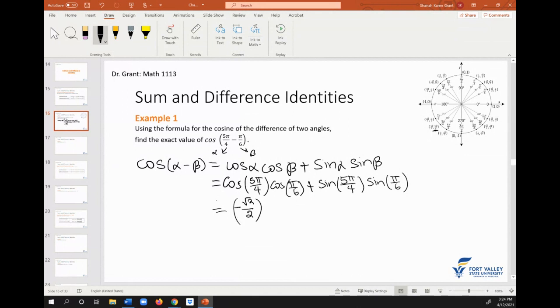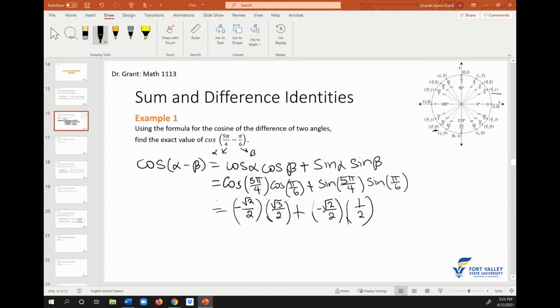Cosine of pi over 6 is root 3 over 2. Plus, now sine of 5 pi over 4 is negative root 2 over 2, and sine of pi over 6 is 1/2.